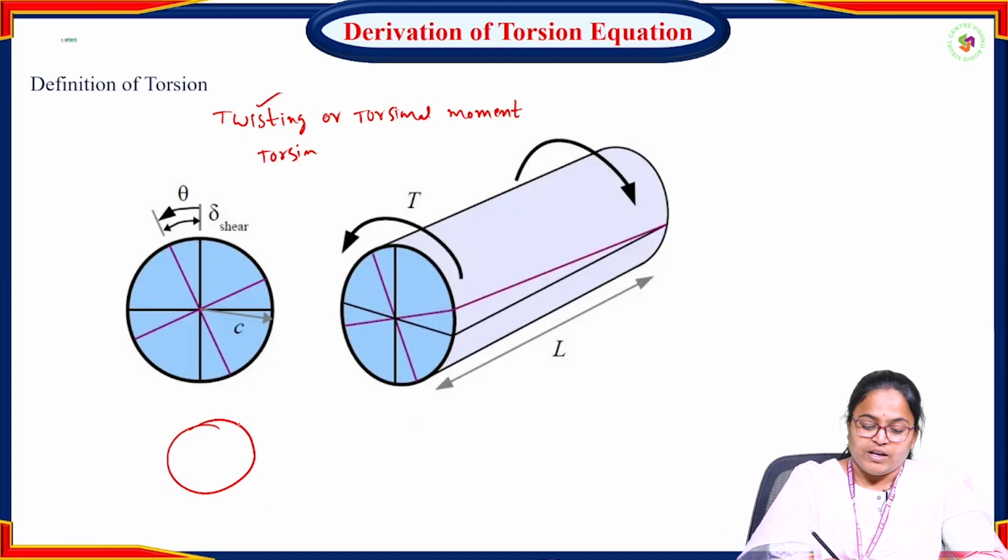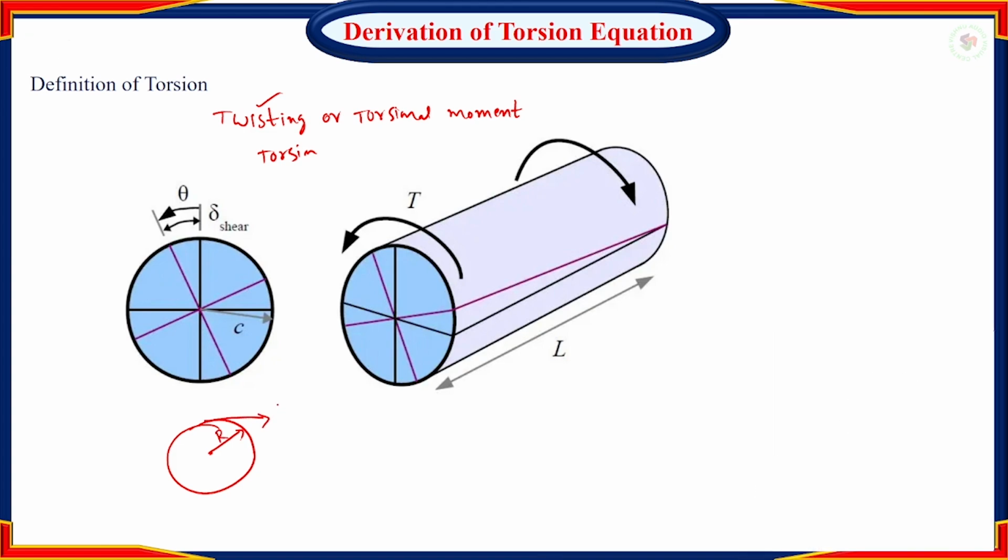So torque will be defined in mathematical form. Let us consider this is the shaft of radius r and this is the torque. Now torque can be defined as the product of tangential force and radius of the shaft.